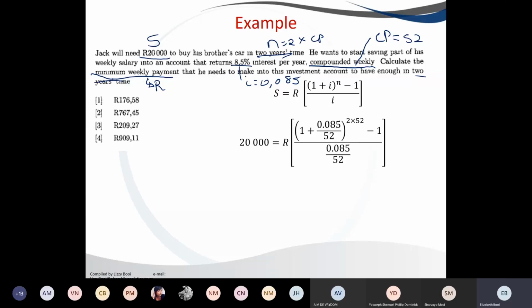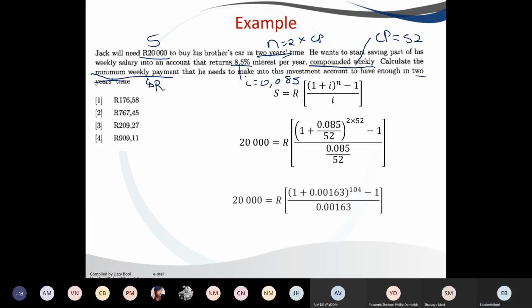Please make sure that you calculate your interest outside and then substitute only one value into I. So my interest, I'm dividing it by the compounding period, and my N, I'm multiplying with the compounding period of 52 and subtracting 1, and I do the same at the bottom for my I.